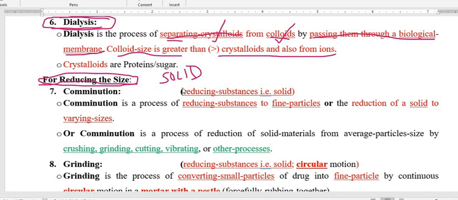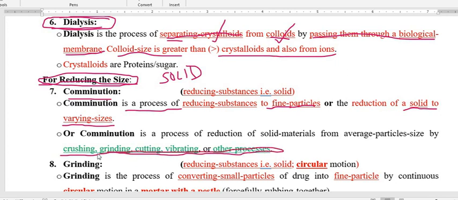So we will go through the terms one by one. The first term is comminution. What is comminution? This is the process of reducing the size of solid particles into fine particles of varying size by applying crushing, grinding, cutting, vibrating, or other processes.